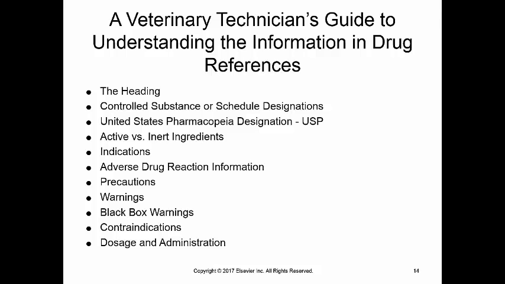There should be things like a heading, whether or not they have a controlled substance or schedule designation, if they're listed in the United States Pharmacopeia designation, USP, if it has both active versus inert ingredients in it, indications for use, adverse drug reaction information, precautions, warnings, black box warnings, contraindications when we don't use it, and dosage and administration.